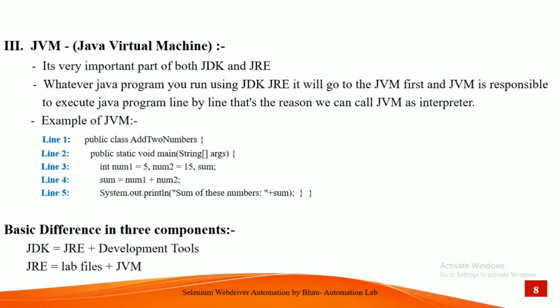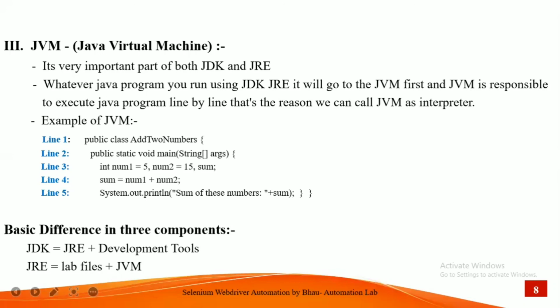If you write any Java program, for example the addition of two numbers, how is it executed: line 1, line 2, line 3, line 4, and line 5? The JVM is responsible for this. The Java program is executed line by line, 1, 2, 3, 4, 5, in this manner.